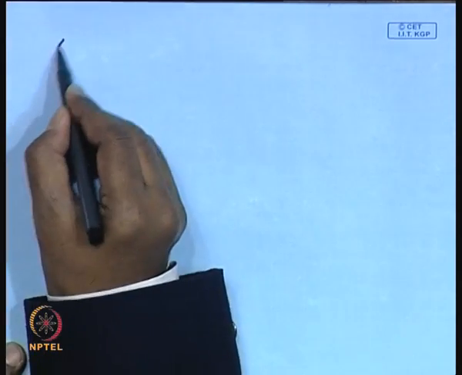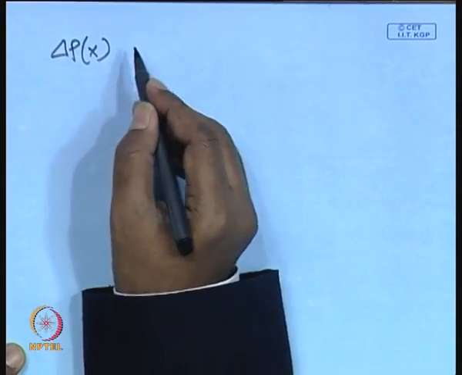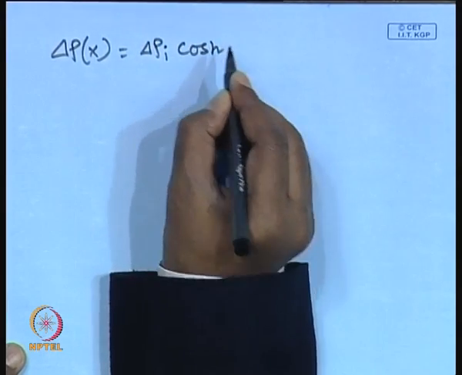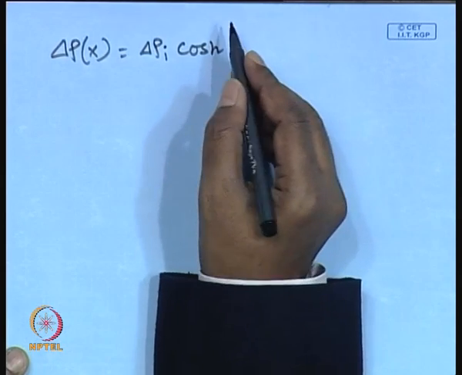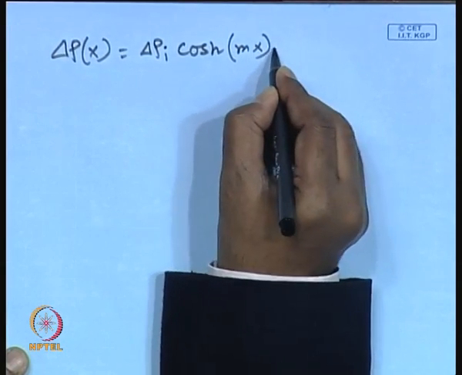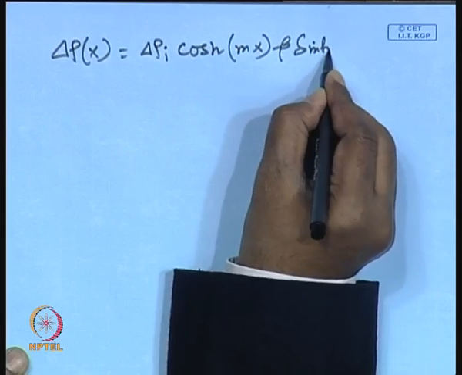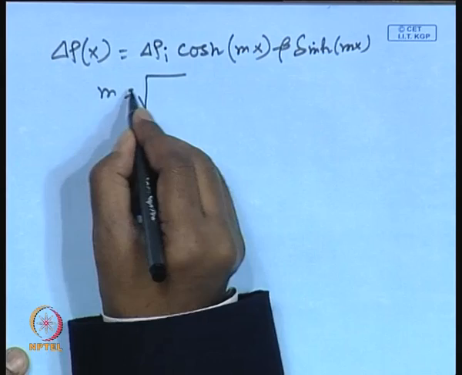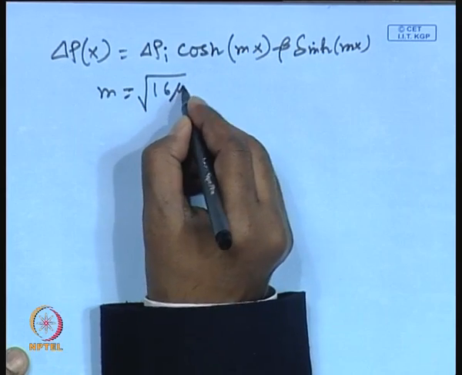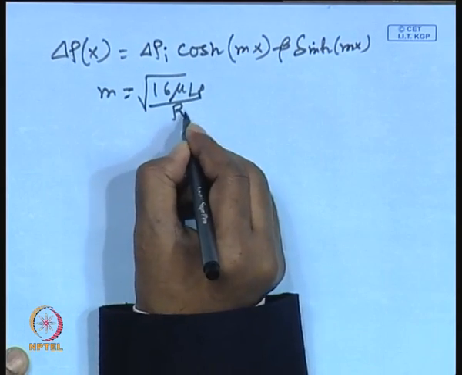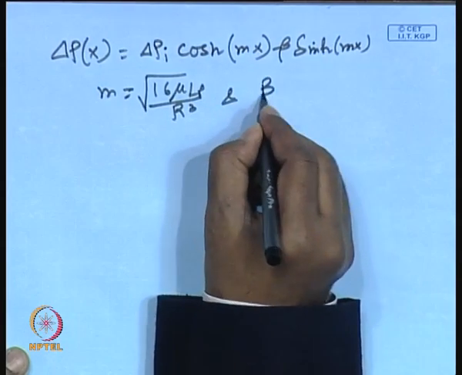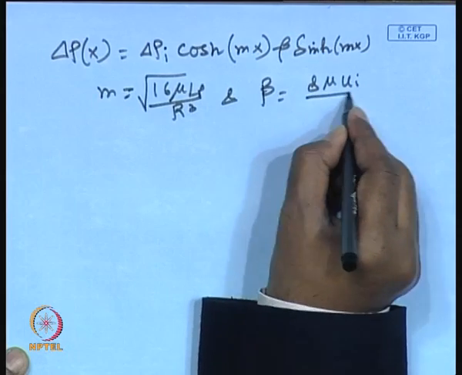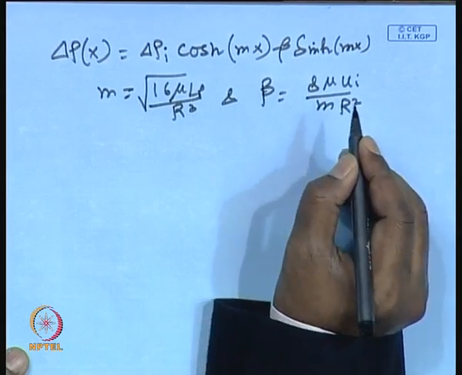The solution becomes delta p as a function of x is nothing but delta p in times cosh mx minus beta times sinh mx, again formed by the hyperbolic cos and sine functions, where m is equal to the square root of 16 mu Lp divided by r cube, and beta is equal to 8 mu u inlet divided by m r square.